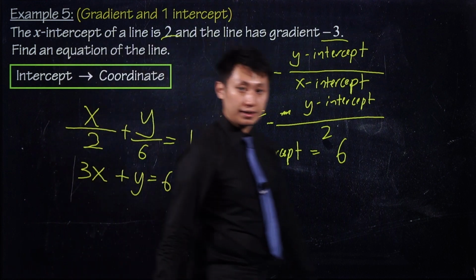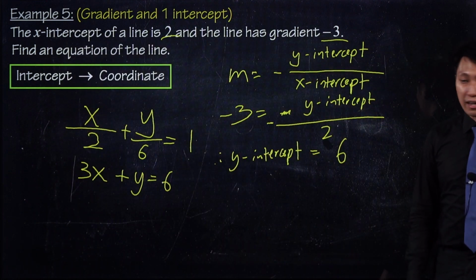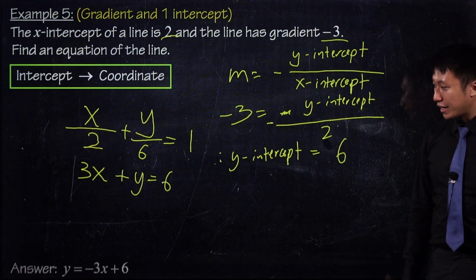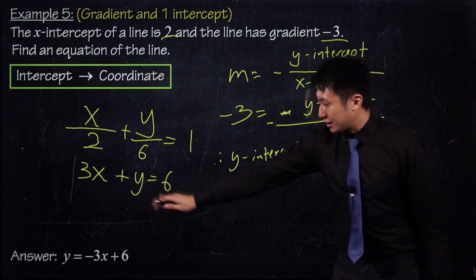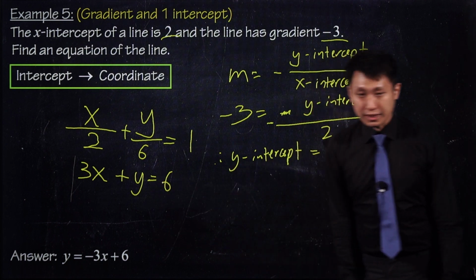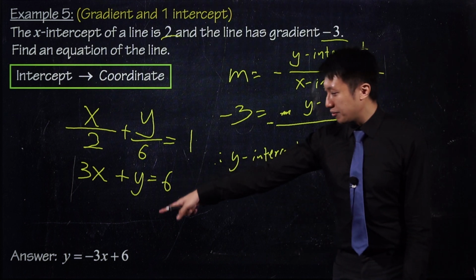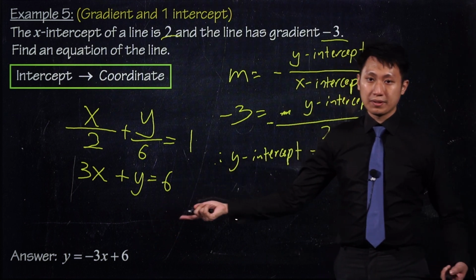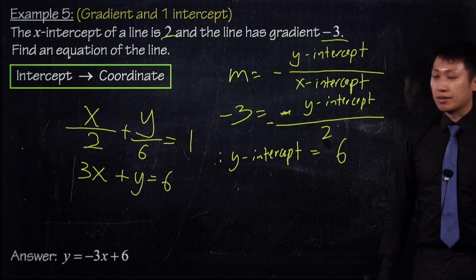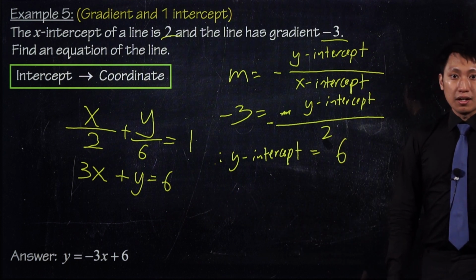Okay, so that's fine. Just look at this one, see whether you're comfortable or not, and I'll reveal the answer. y is equal to minus 3x plus 6. Okay, I'm correct. You can write in this form, or you better write in the gradient form, if you prefer. Is there any problem here?